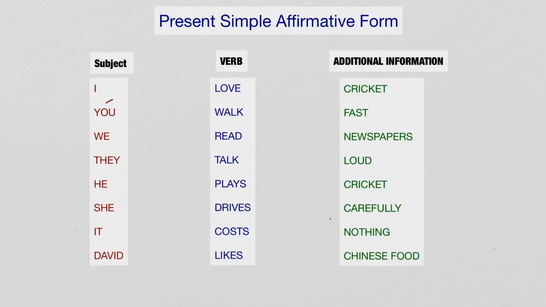First form of the verb, because with I, you, we and they, we only need to write the first form of the verb, and here are the sentences in front of you as well. When it comes to he, she, it, or the names, you're going to have s or es with it. So please take note of all these sentences and practice them and try to make similar sentences yourself as well.